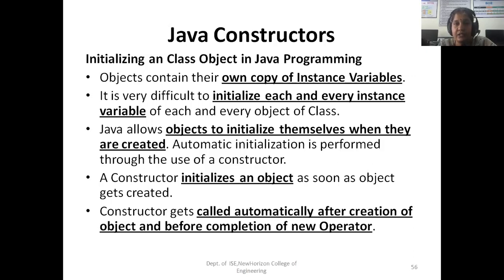Instead of us initializing the variables each and every time, the objects can initialize themselves whenever they are created. Whenever you write Student S1 equal to new Student(), at that time the S1 object is created, and it can initialize itself.